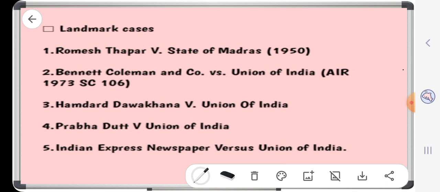This was modified by a notification under the Customs Act 1962 from March 1, 1981. They argued that post this notification, costs and circulation were significantly affected, severely impacting freedom of expression and the freedom to pursue any trade or occupation as guaranteed by the Indian Constitution.